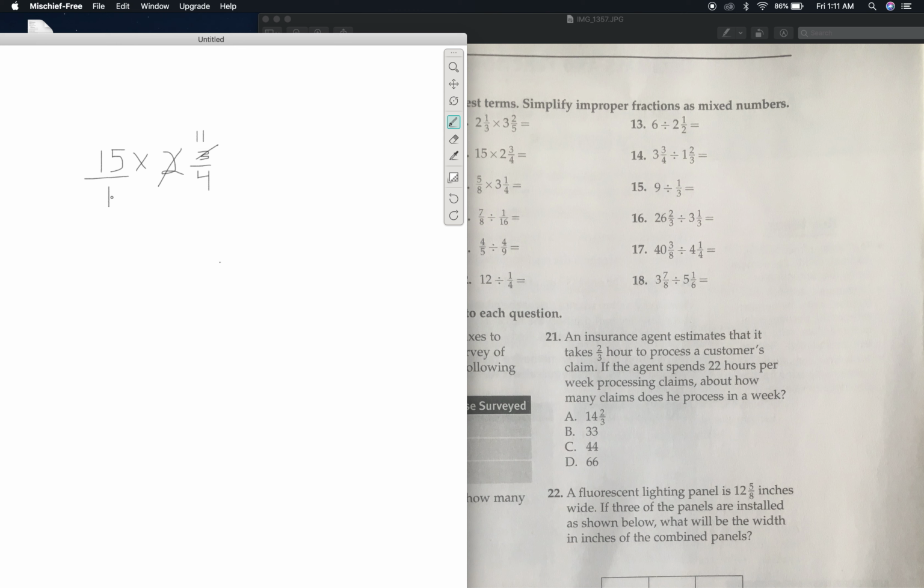Same with 1 and 11. And 1 does not count, as in 1 can obviously go into 4 and 15 evenly, but it doesn't count in canceling. Okay, so 11 times 15. I know you all know that in your head. That number is 165.